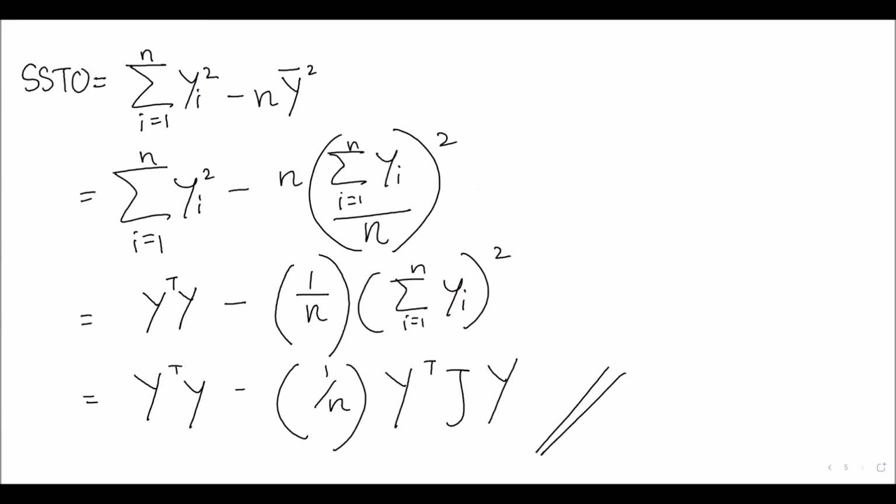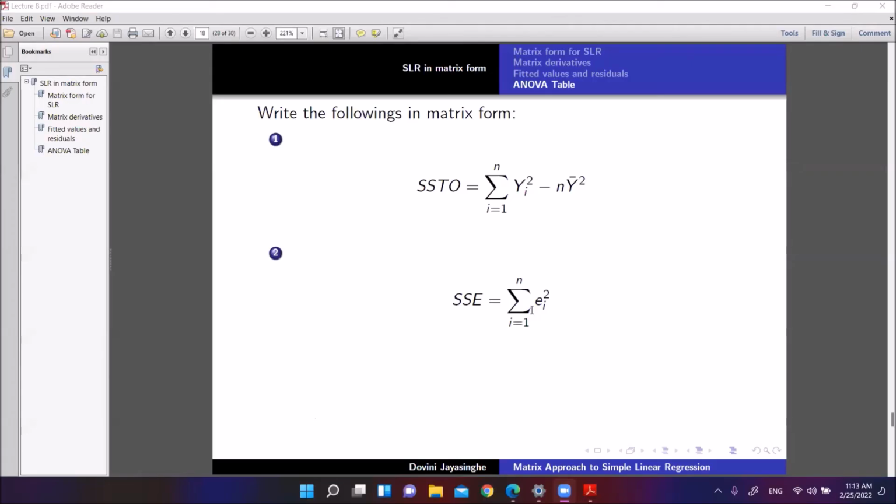Just like that, in SSE you should end up having y, beta hat, and x. They should be there. Just a small hint. Try it. If you have come up with the answer, just drop a text in the chat.